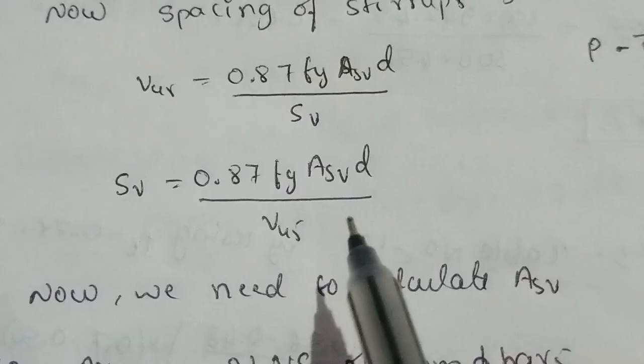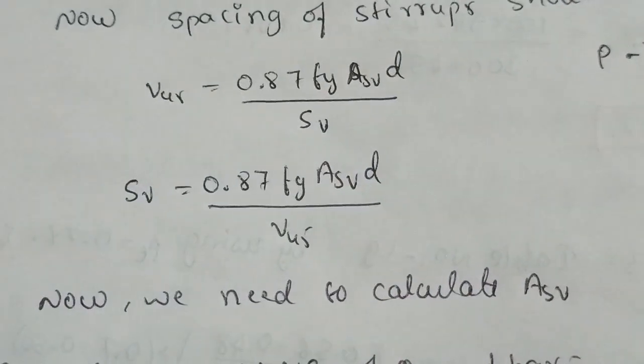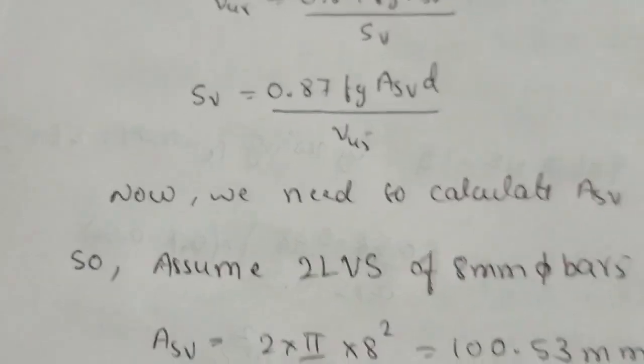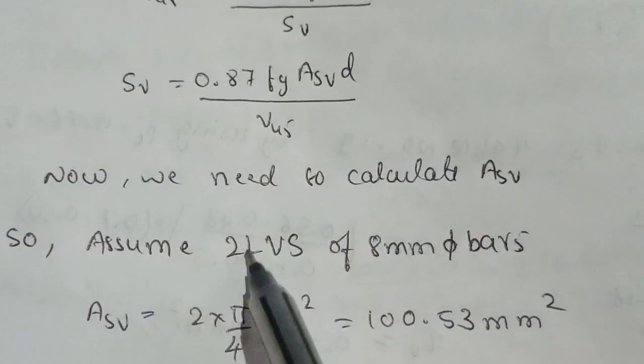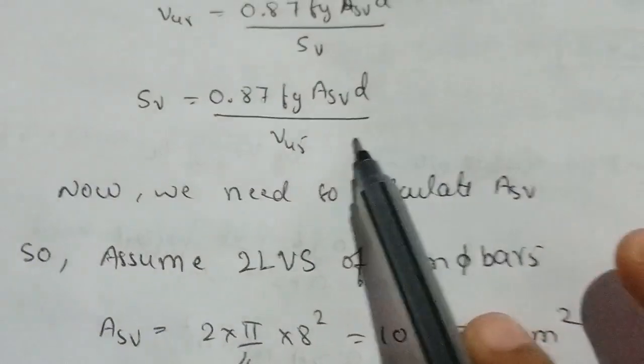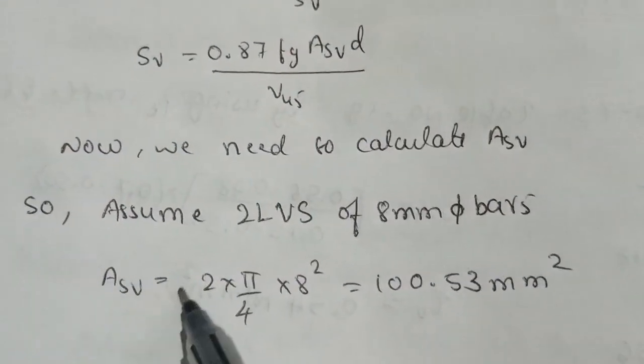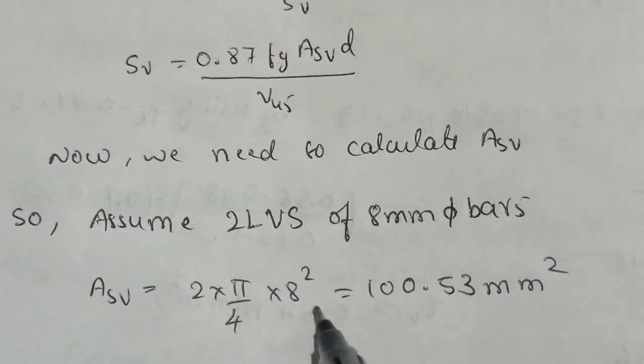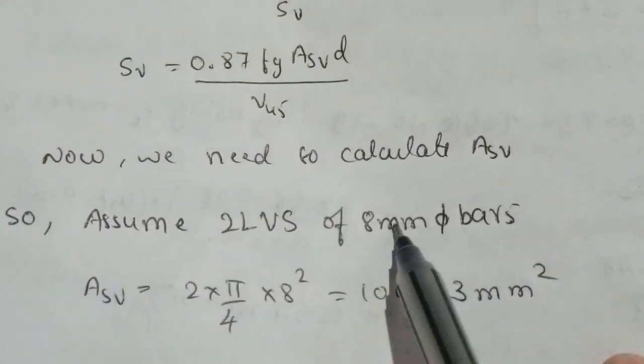So again we need to assume the number of bars, so I am assuming 2-legged vertical stirrups of 8 mm diameter bars to calculate the ASV. ASV is equal to 2 into pi by 4 into 8 square, that is the diameter.